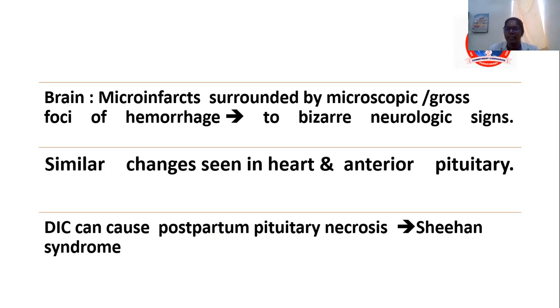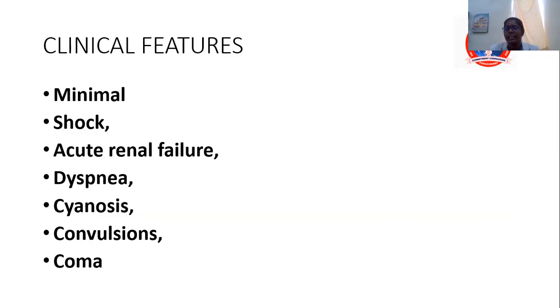And a special entity called Sheehan syndrome: this is DIC that occurs in postpartum women, which leads to ischemic pituitary necrosis, called Sheehan syndrome, right? So you should remember what Sheehan syndrome is.